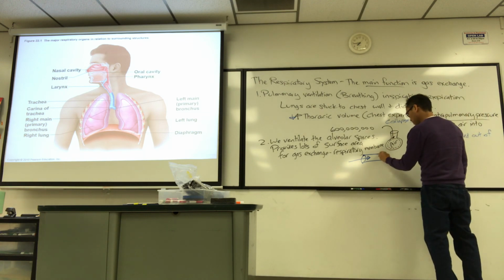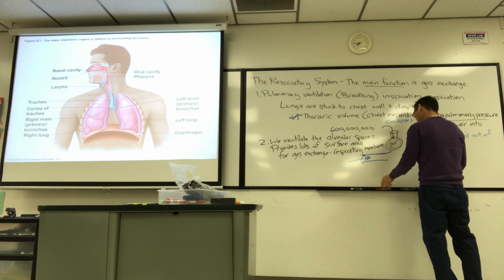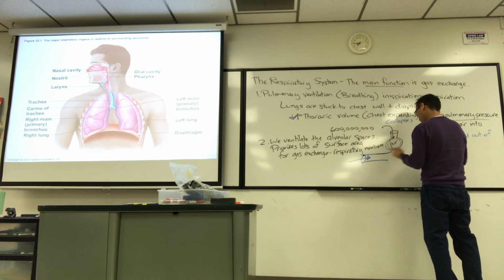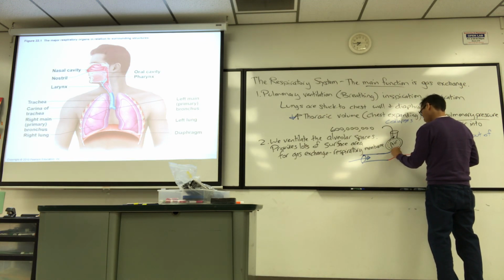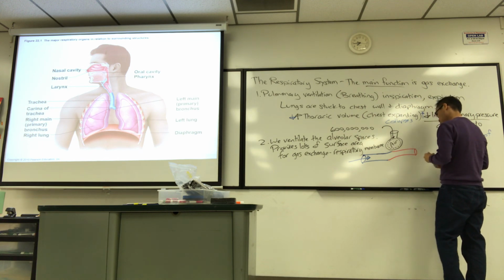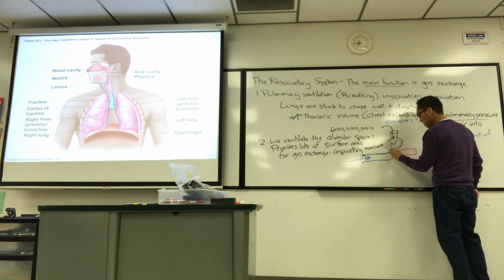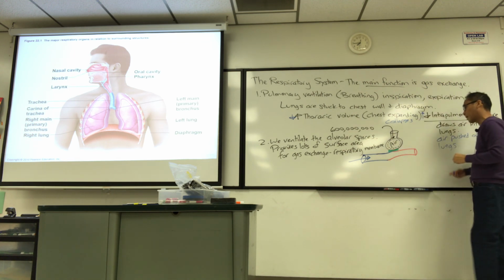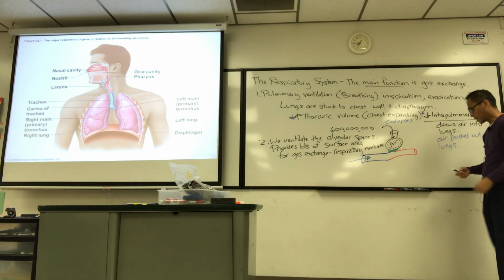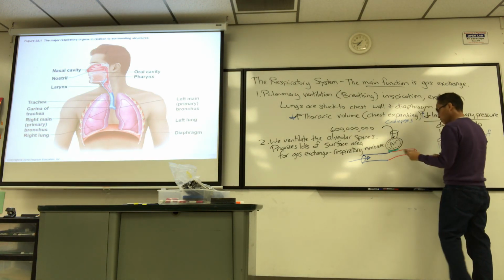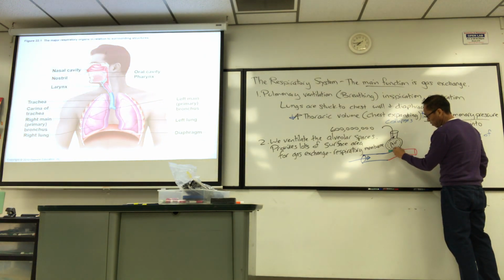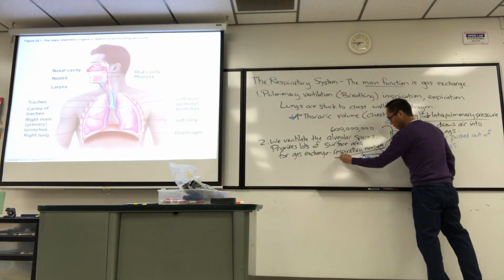So as it passes by, it's going to pick up oxygen. And that capillary is kind of sealed to the alveolar space. A little connective tissue. It's a very thin membrane. I kind of exaggerated it, but I mean, I guess this interaction right here is symbolic of the respiratory membrane.